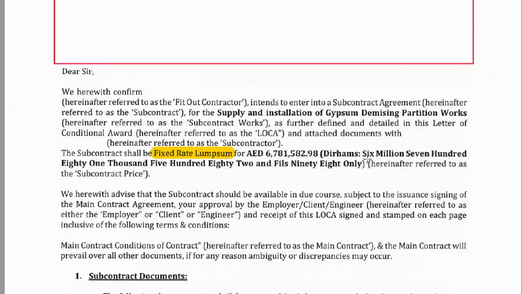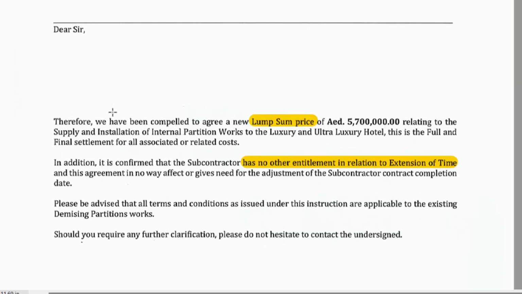I will further clarify how they determine this cost or any other cost. For example, this is again the same. As you can see, therefore we have been compelled to agree a new lump sum price. So this is again the lump sum price, that is 5,700,000. This is the entitlement for the cost, and there is another very important entitlement, which is time.